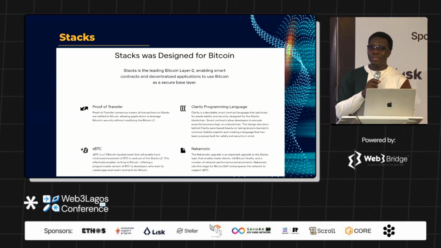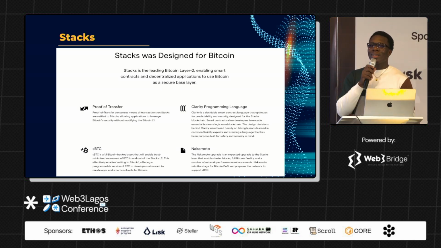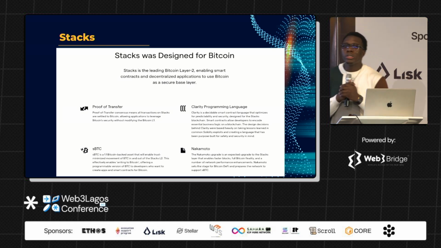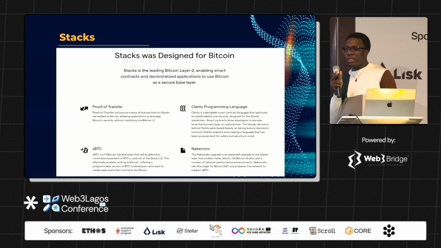So the one that concerns most of us here, how do you build on Bitcoin? And that's Clarity. Clarity is quite different from Solidity, but your previous knowledge of Solidity can actually make it easier for you to build here. And Stacks was actually born out of research on limitations of different chains.